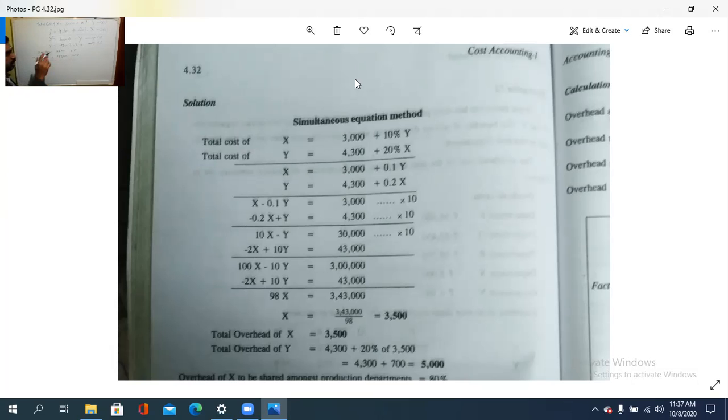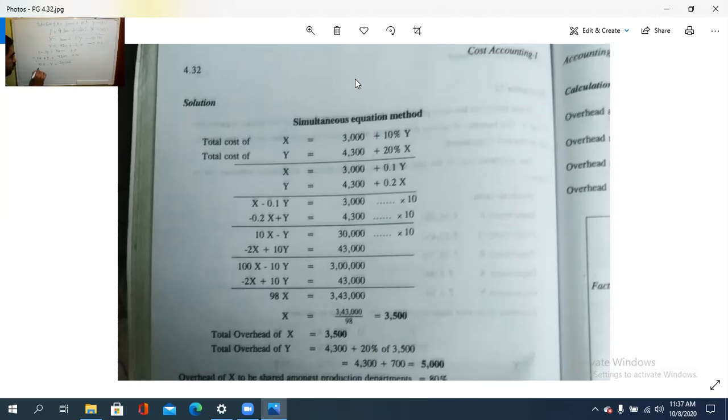When multiplying everything by 10, we get 10X minus Y, because multiplying 0.1 by 10 gives 1, so Y is equal to 30,000. 3000 into 10 is 30,000, isn't it? Then minus 0.2X, minus 0.2 into 10, so it is 2.